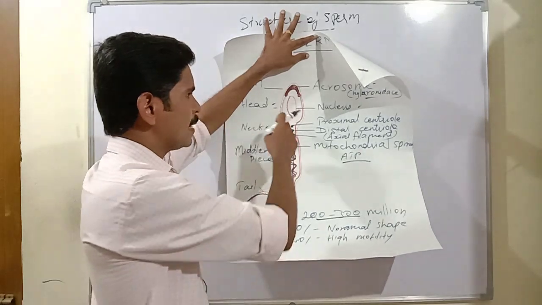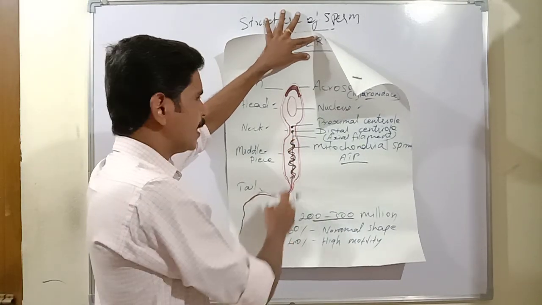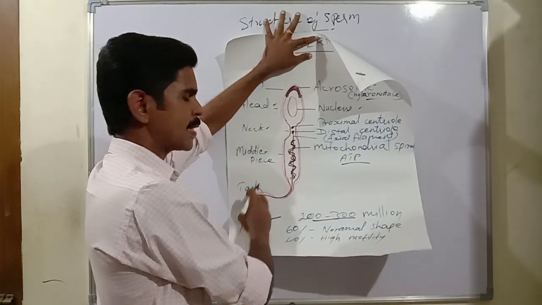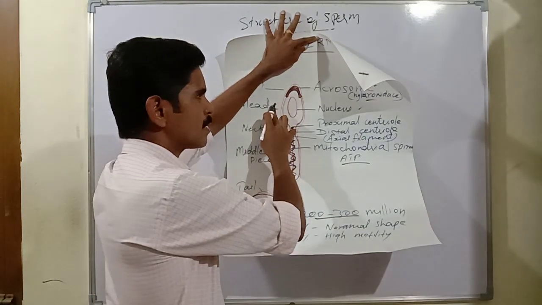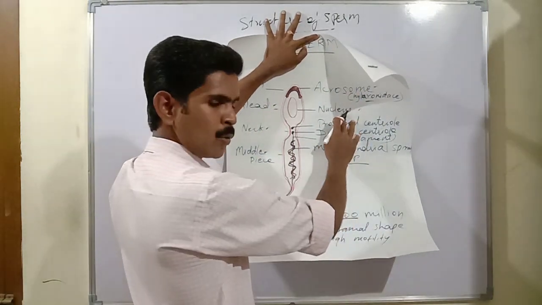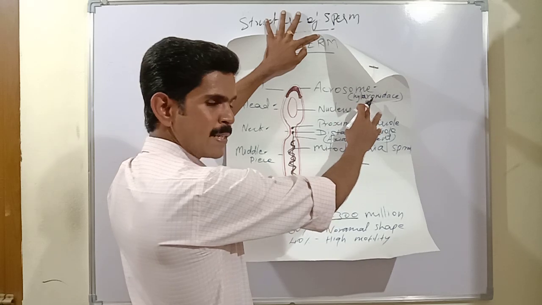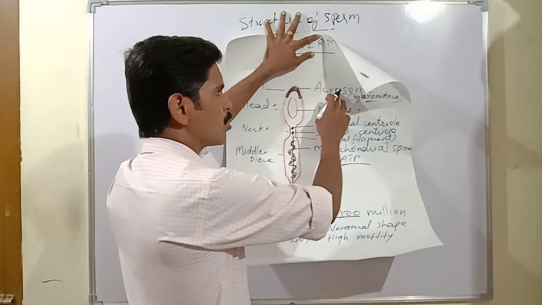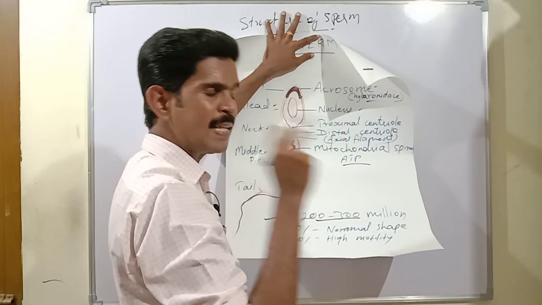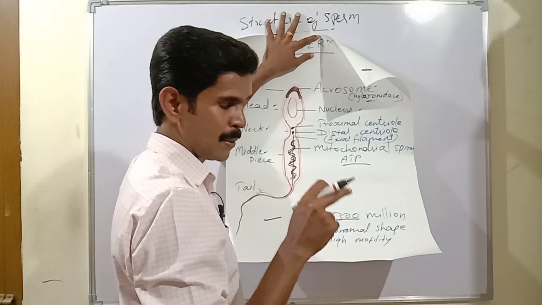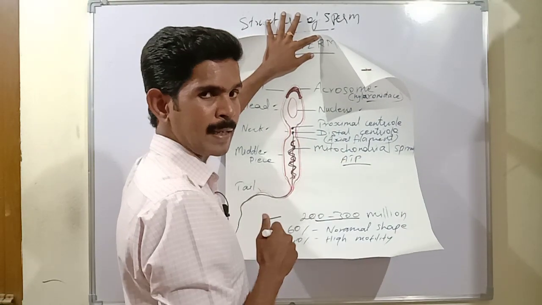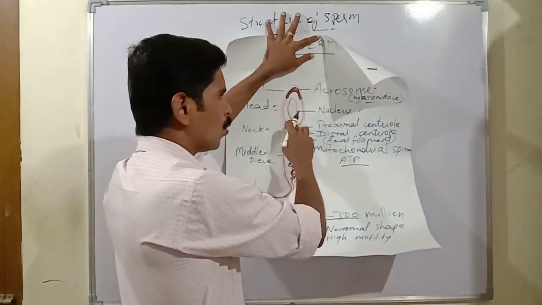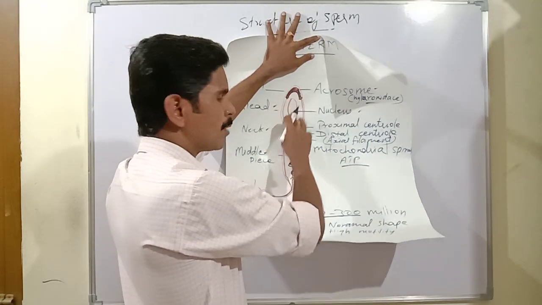Then the sperm cell is divided into 4 important regions: head region, neck region, middle piece and tail. Head region consists of only 2 parts, acrosome and nucleus. Acrosome consists of an enzyme called hyaluronidase enzyme, otherwise called sperm lysin. This acrosome plays a very important role for the penetration of the sperm cell inside the egg cell. The nucleus is an oval flat structure present in the center of the head.